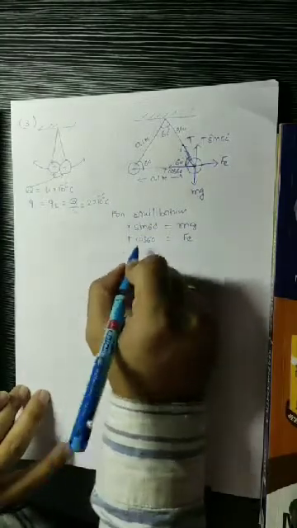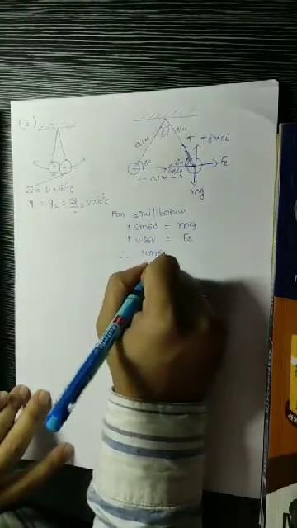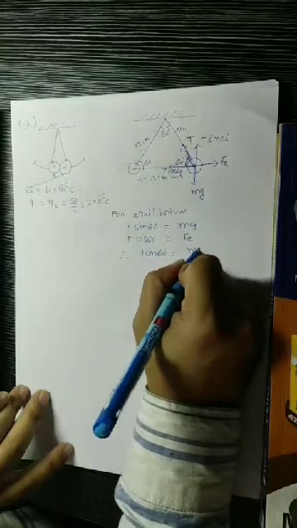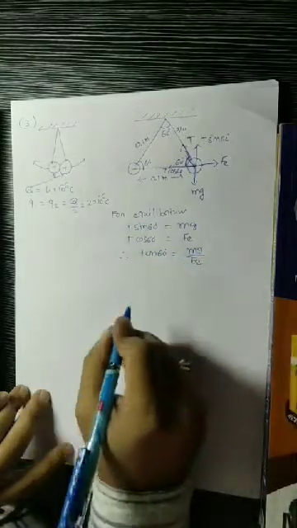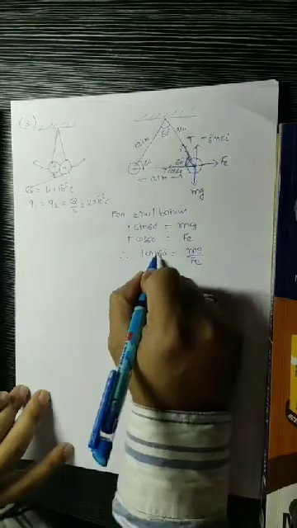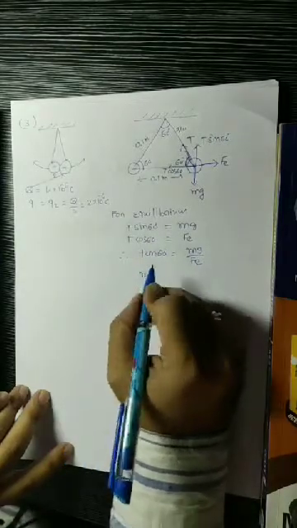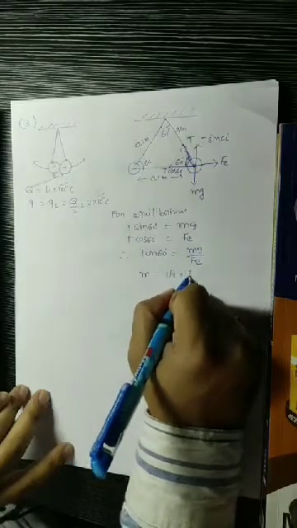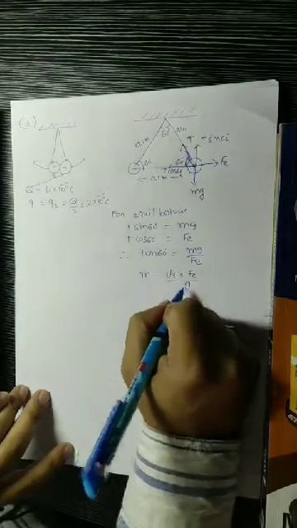So if we take the ratio of these two, then tan 60 will be equal to mg upon Fe. Now we have to find the mass m. So m is equal to, tan 60 is root 3, multiplied by the electrostatic force divided by g.